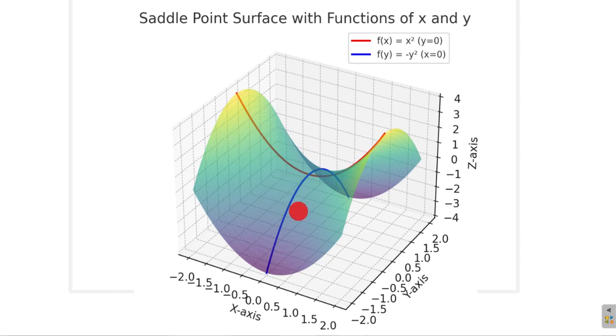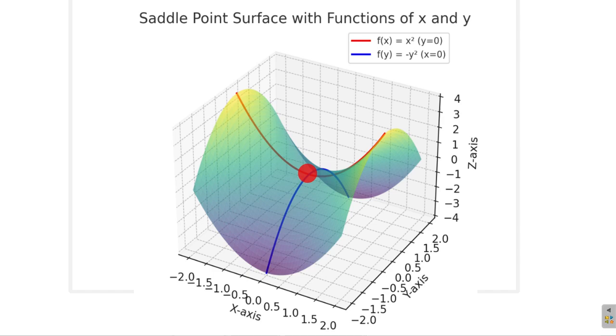This somewhat looks like the saddle that you put on a horse before you climb up and ride the horse, right? So we call this a saddle point. Now, at this point is where you have the curve meet.